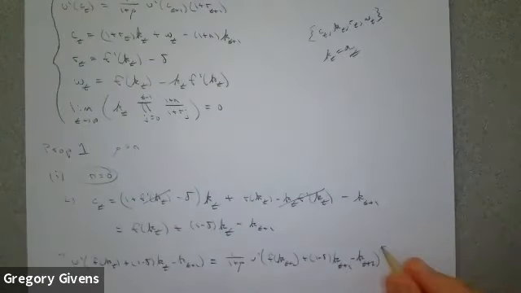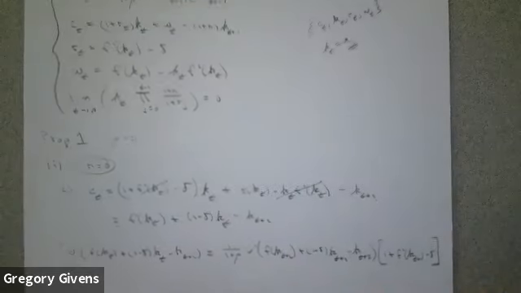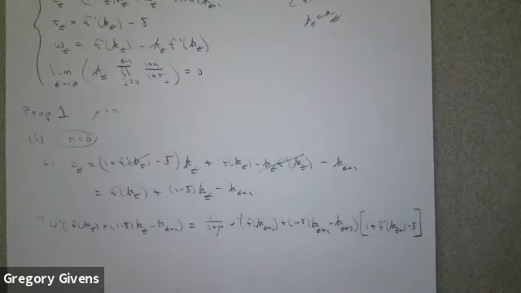Well, that is a 1 + F'(KT+1) - delta. So that's what the Euler equation simplifies to then in the Ramsey model.